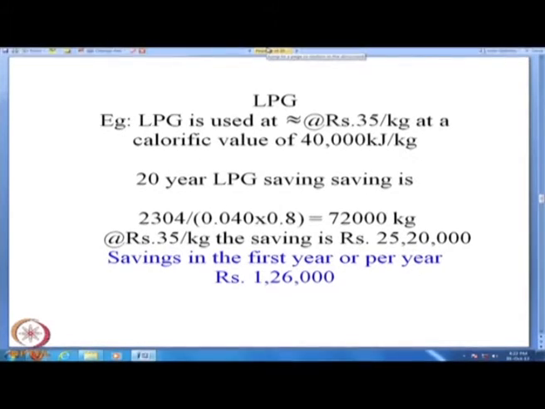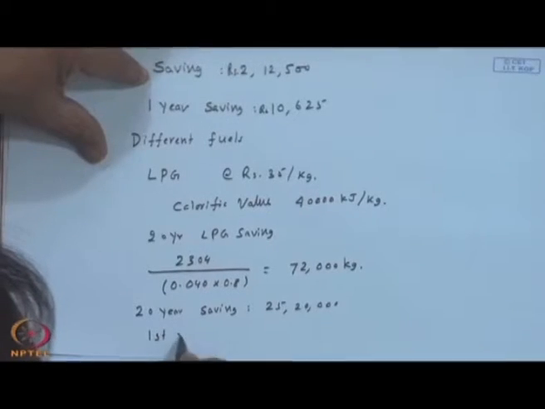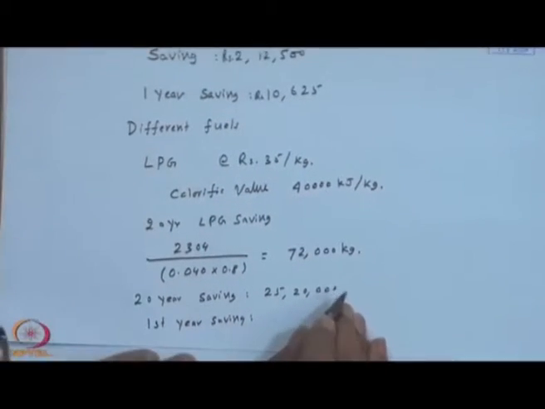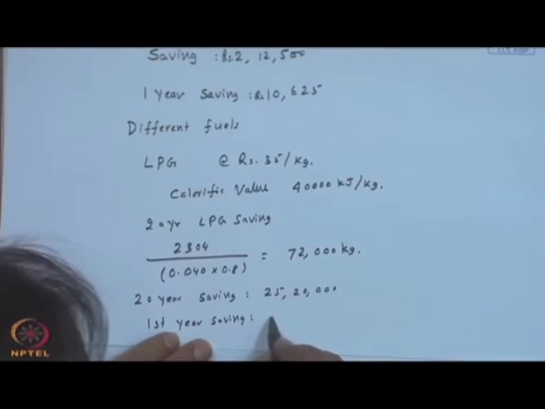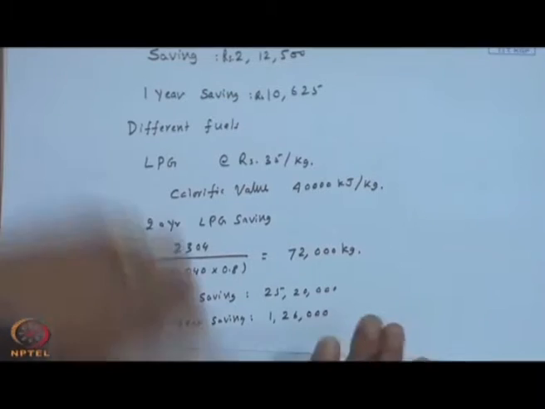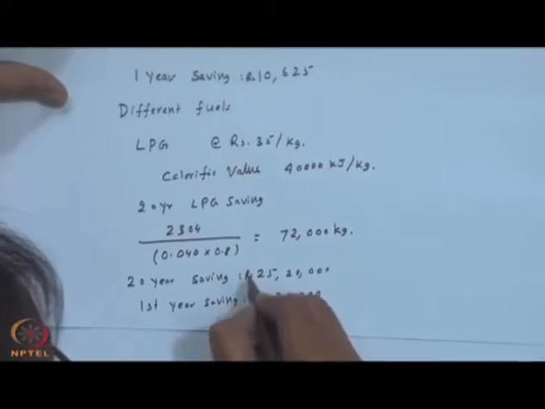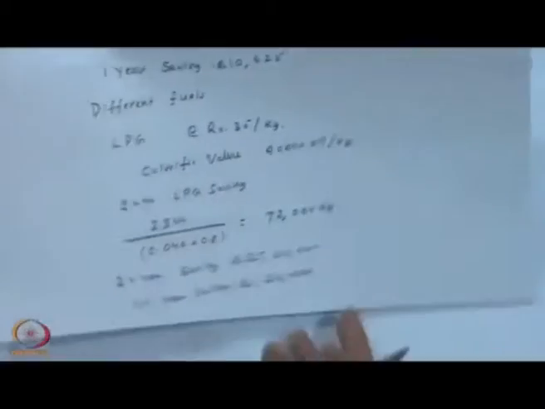So, first year saving will be again to offset the inflation, depreciation, degradation of the performance, etc. So, if I worry only about the first year saving, this is Rs, I am forgetting Rs. Okay.